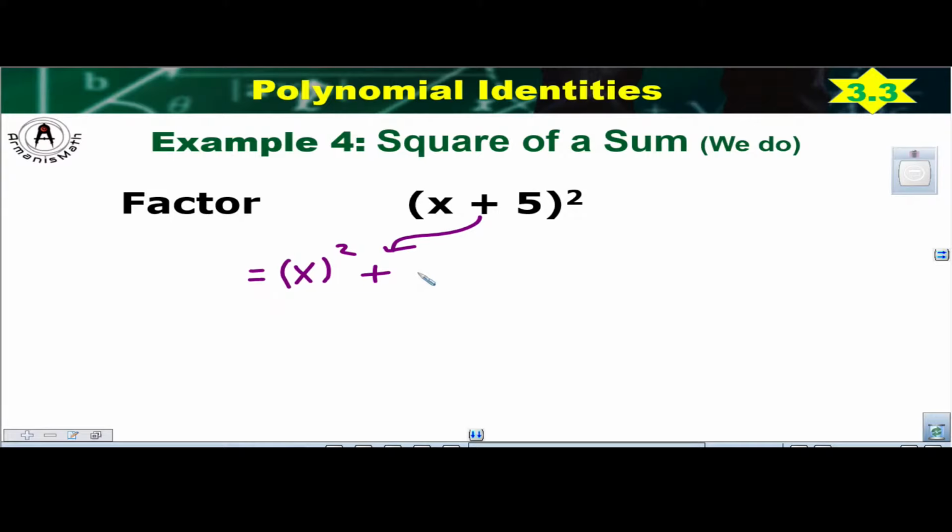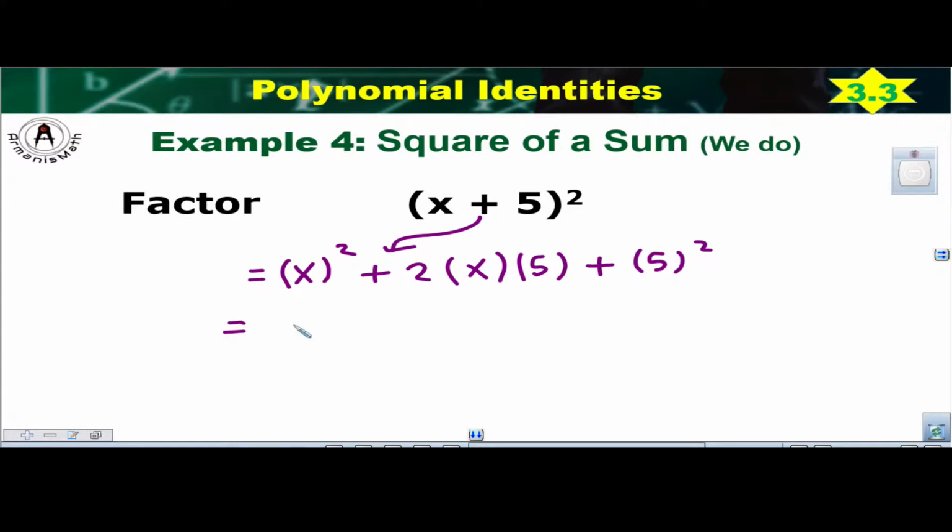Plus 2 times the first item, that's x, times the second term, which is 5. I'm following the shortcut that I just gave you. Plus the second term being squared, the 5 being squared. What are we doing here? Well, I'm trying to avoid going through the box. I'm trying to find a shortcut, and this is the shortcut for the square of a sum.